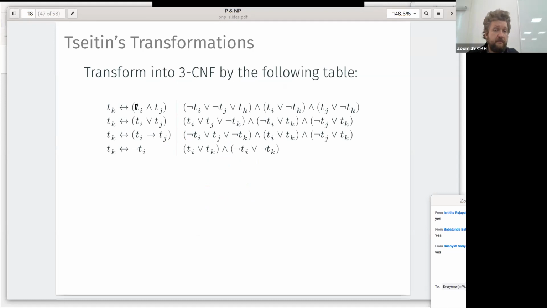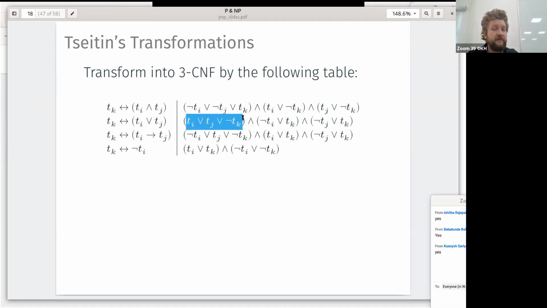So we suppose we want to say that Tk is equivalent to Ti and Tj. What does this mean? That there should be an implication from Tk here and from this here. So what does it mean, for disjunction, for example? It's not Tk implies Ti or Tj.